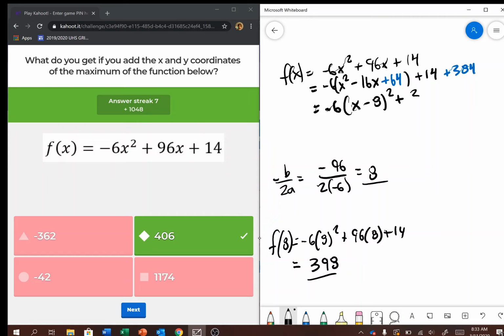Compared to y equals x minus h quantity squared plus k, (h, k) is the vertex of the parabola, which is the maximum. So if we add h and k, 8 plus 398 is again 406. Okay, that's how you do that problem.